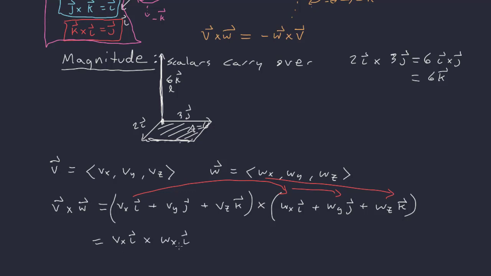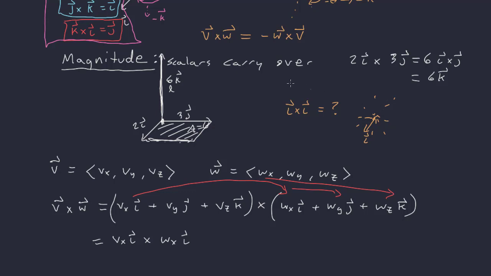Now you might be thinking, we didn't really talk about what I cross I was. Okay, well, how many vectors are perpendicular to both I and I? Well, it turns out there's tons that are perpendicular to I, including j and k and anything on the YZ plane.